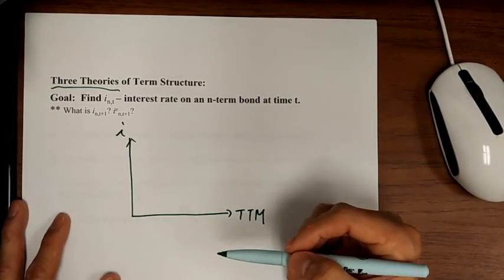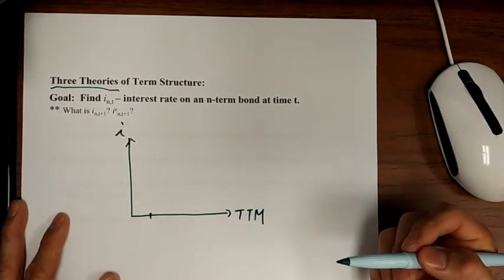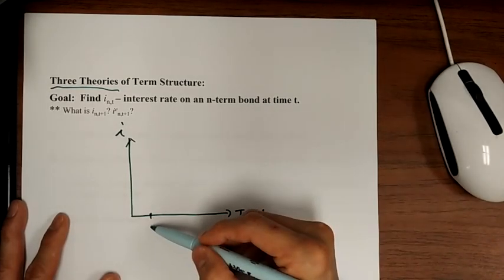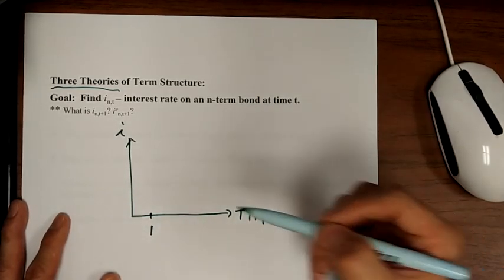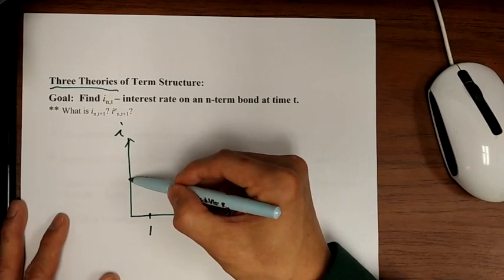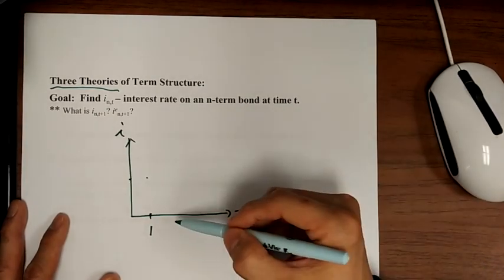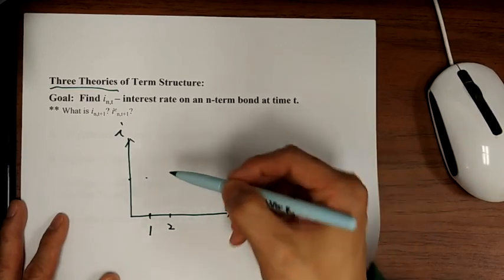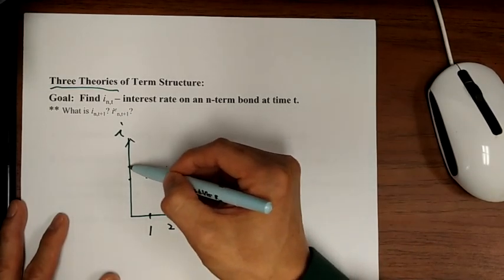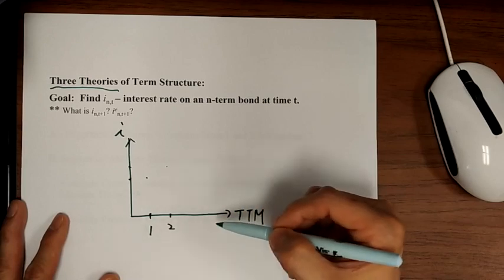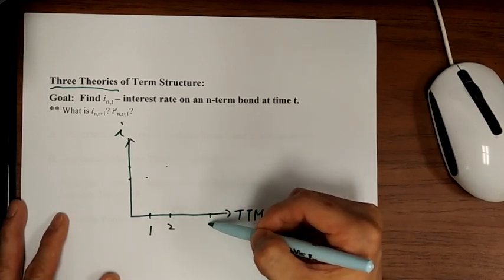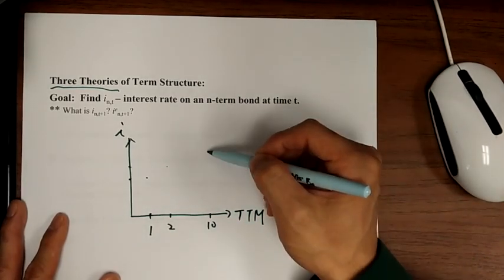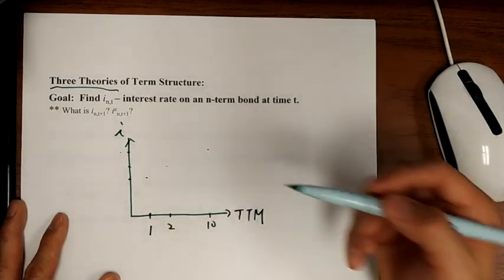What we want to know is why, when the term to maturity is 1, the interest rate is this. Why, when the term to maturity is 2, the interest rate is this. Why, when the term to maturity is 10, the interest rate is this.